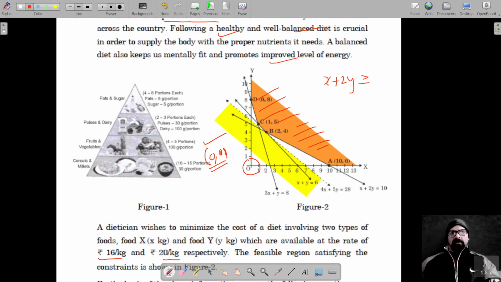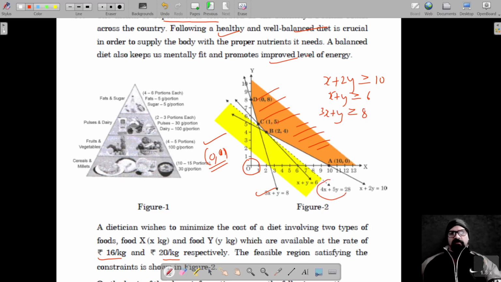That should be greater than equal to 10, the first constraint: x plus 2y is greater than equal to 10. Second would be x plus y is greater than equal to 6. And the third one is 3x plus y is greater than equal to 8.